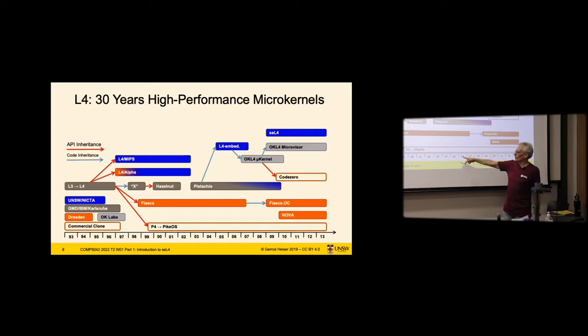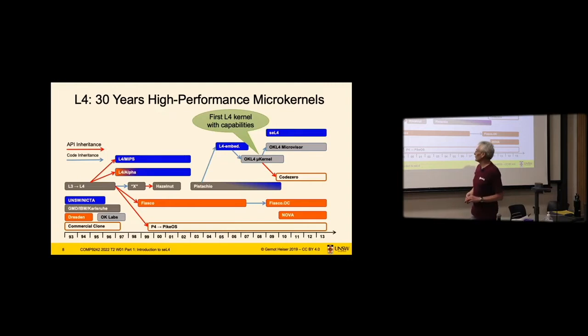Pygos is a commercial clone of an early version that's flying in aircraft, etc. And then there was L4 embedded, where we took a fork of the then latest kernel and optimized it for embedded systems that are resource constrained. It went into phones. Phones were extremely resource constrained in those days.